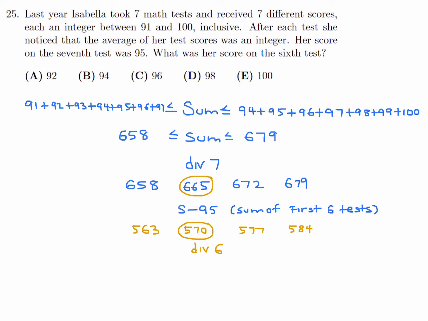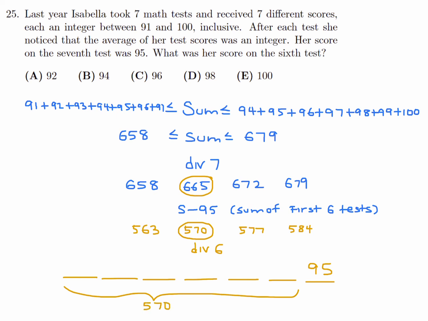All right, so let's talk about this. First, second, third, fourth, fifth, sixth, and 7th. This is given as 95. And the sum of these guys is 570. And then the sum of these, the first 5, has to be divisible by 5.